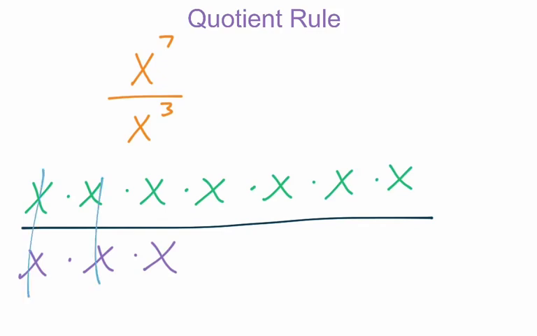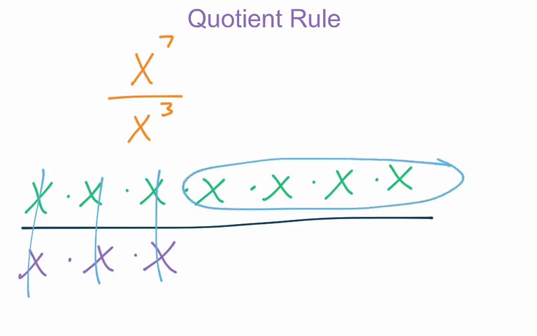What do we have left? Well, we have our solution: it's going to be x, 4 of them, or x to the 4th power. And just like in our last one, if we took the 7 and subtracted the 3, that's going to equal 4, and so that's going to be x to the 4th power.